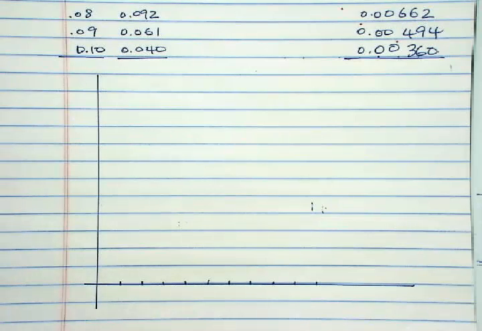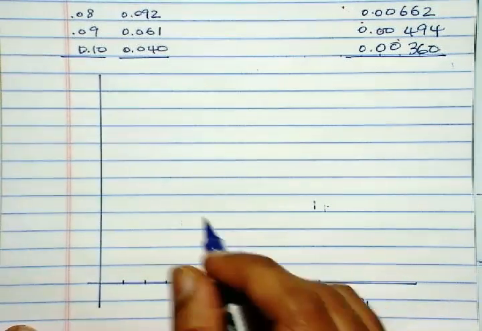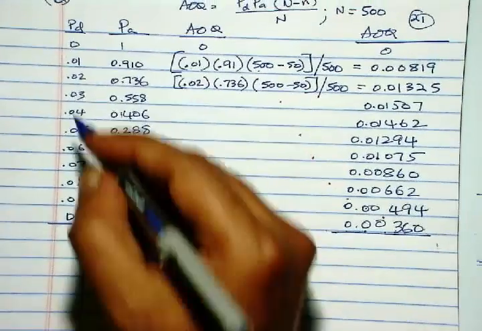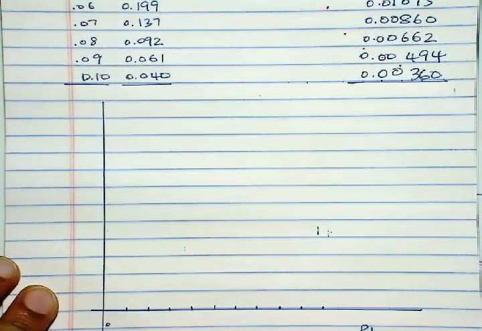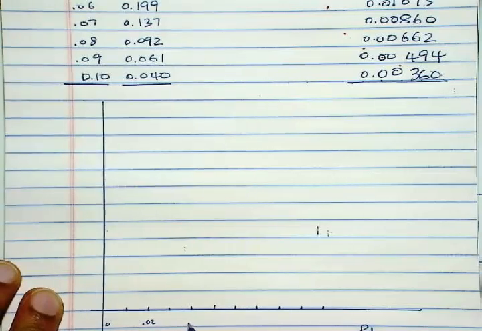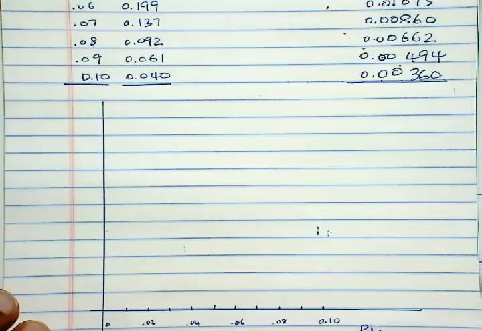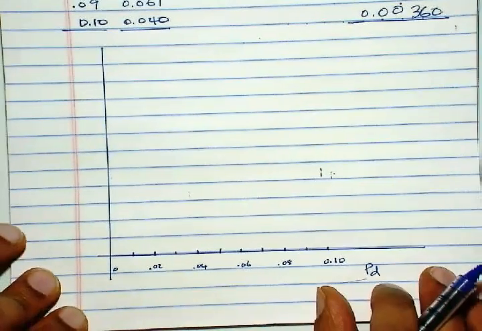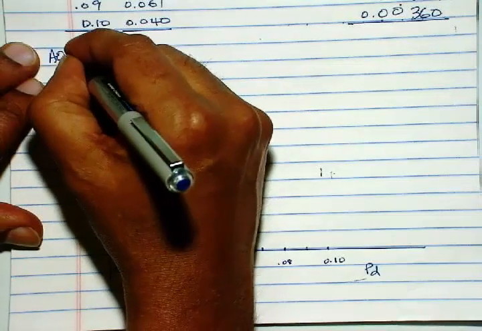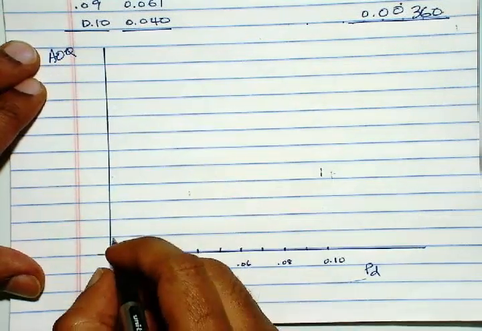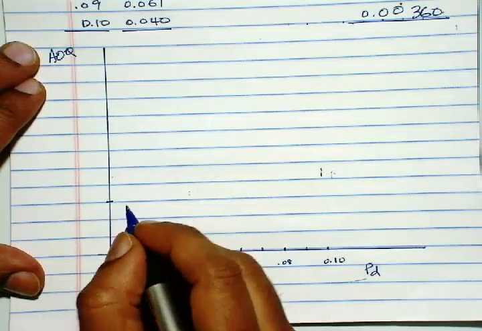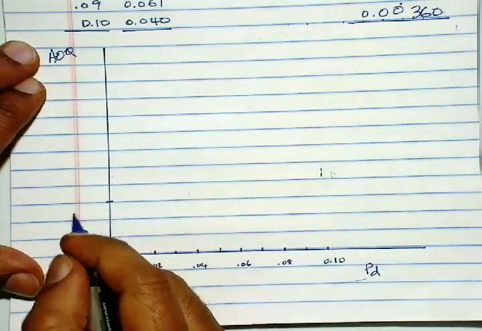Now we have to plot these, and we need to plot P sub d on the x-axis, starting from 0, 0.02, 0.04, 0.06, 0.08, and 0.1. So these are the P sub d's, and here we have to plot AOQ, and we need to make sure that the scaling is proper.